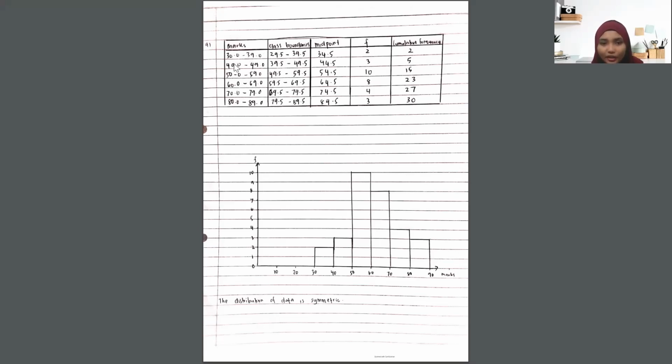It is the same for the second class, third class, fourth class, fifth class, and sixth class. And this is the value of the midpoint that we calculate.